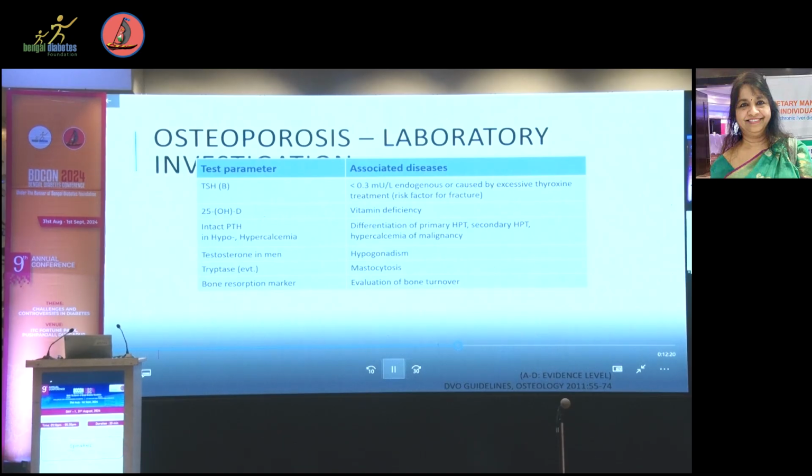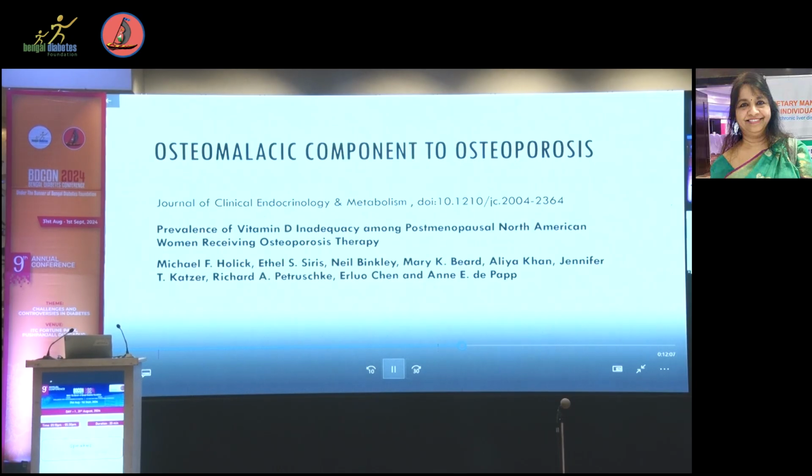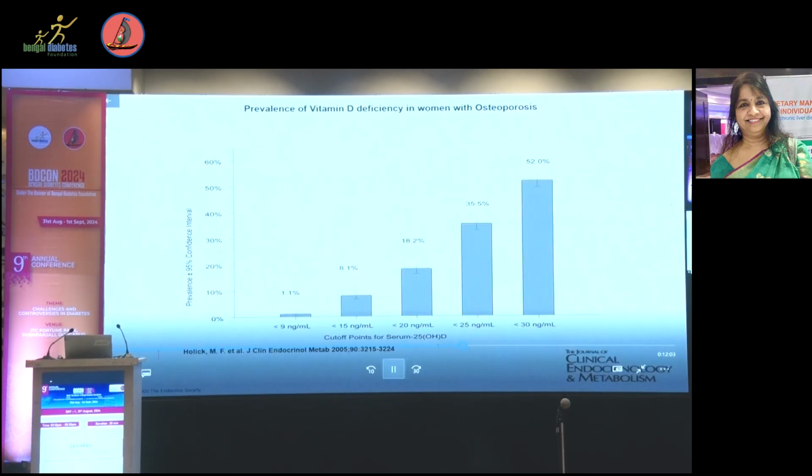And in men, especially at an early age, definitely rule out hypogonadism. Osteomalacia is due to vitamin D deficiency. Osteoporosis is secondary, due to age, developmental deficiencies, and things of that nature.